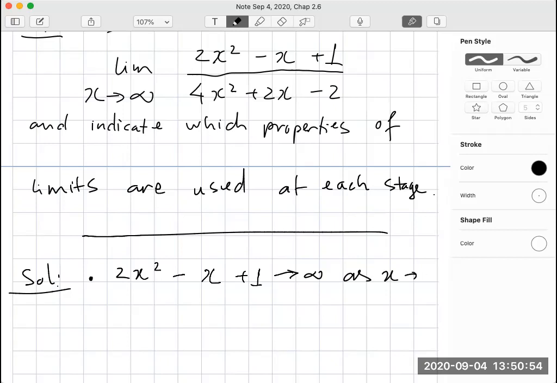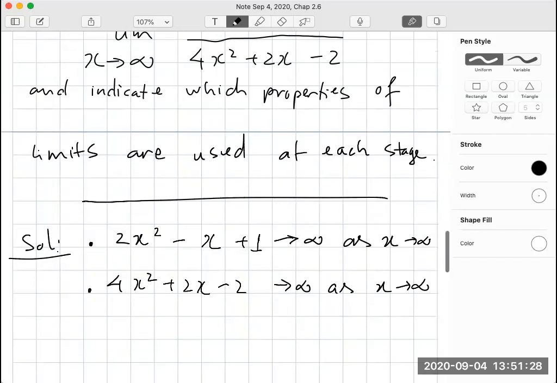And for the denominator, a similar story: 4x squared plus 2x minus 2 will approach infinity as x approaches infinity. It means we're computing a limit of infinity over infinity. It's not very clear, we don't know what it will become. But we can simplify it.